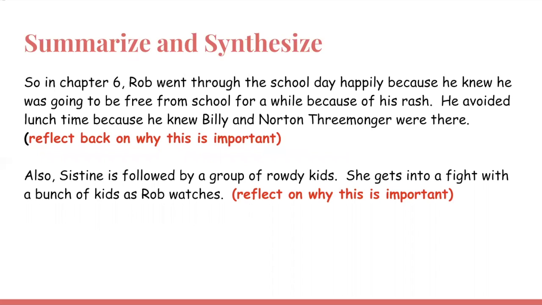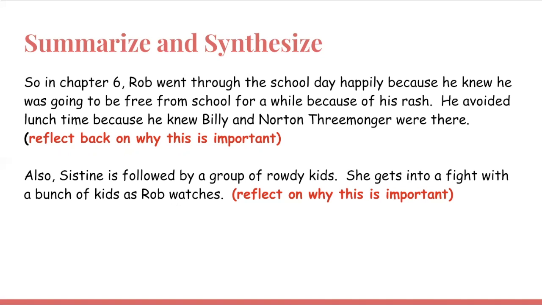Rob then goes to the principal's office and he finds out he doesn't have to come to school anymore because of his legs. Then he kind of just floats through the rest of the day. He goes to lunch and he sees Sistine getting in a fight with all of the students. And then he stands up for Sistine and asks them to stop, which is very out of character for him.